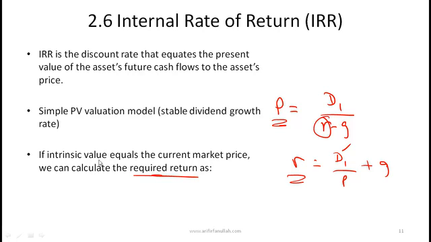If the intrinsic value equals the current market price, this is another way of saying that the market is efficient. In an efficient market, the market price is the intrinsic value, so this becomes the required return also. In finance textbooks, where you are calculating the required rate of return, sometimes you use this formula. What is the implicit assumption? The implicit assumption is that you have efficient markets.